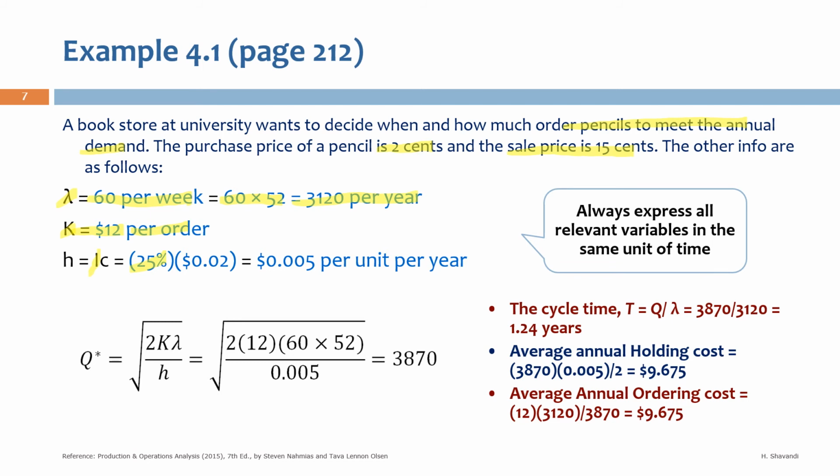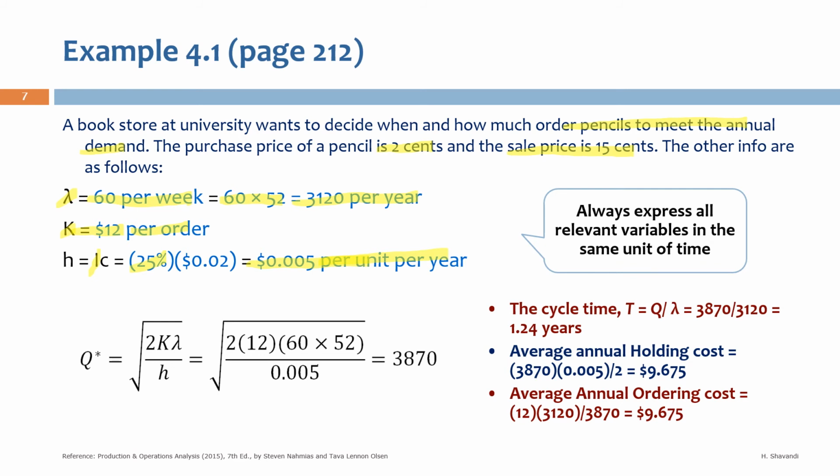By doing that, we'll obtain the H as this number, the inventory holding cost per unit per year. Now we do have all parameters that we need to calculate the Q, and as you see here, all are in the same time unit, all are per year.